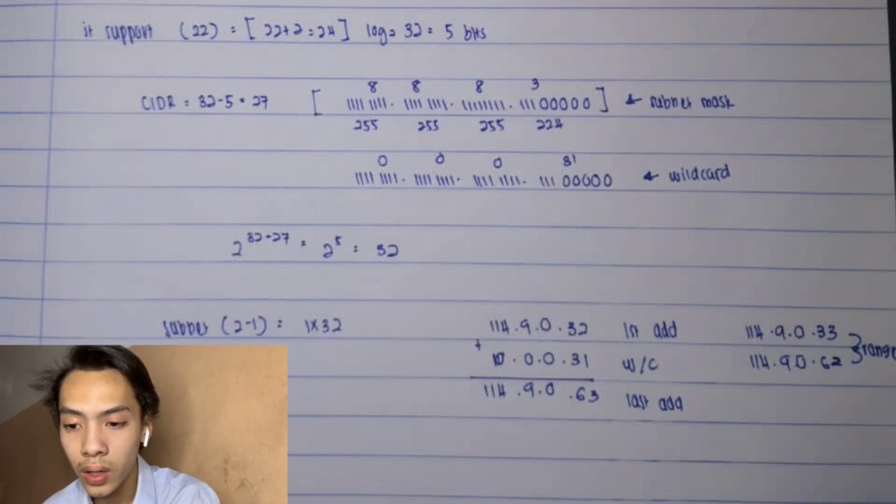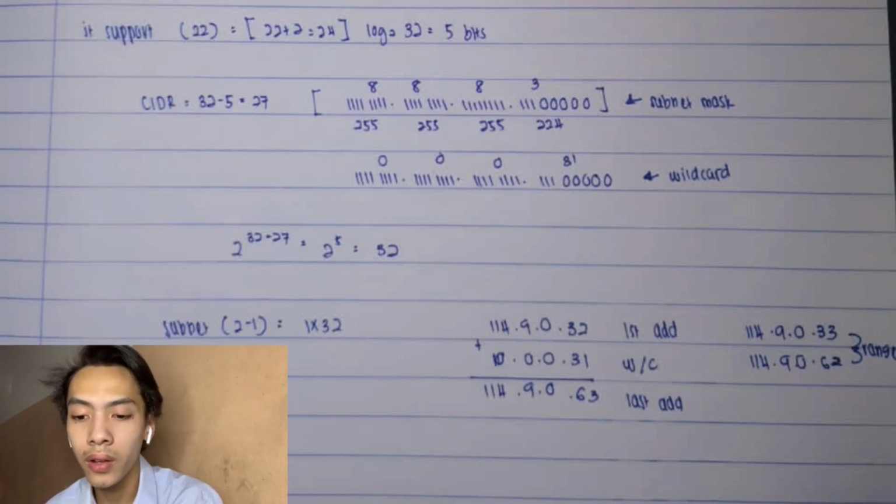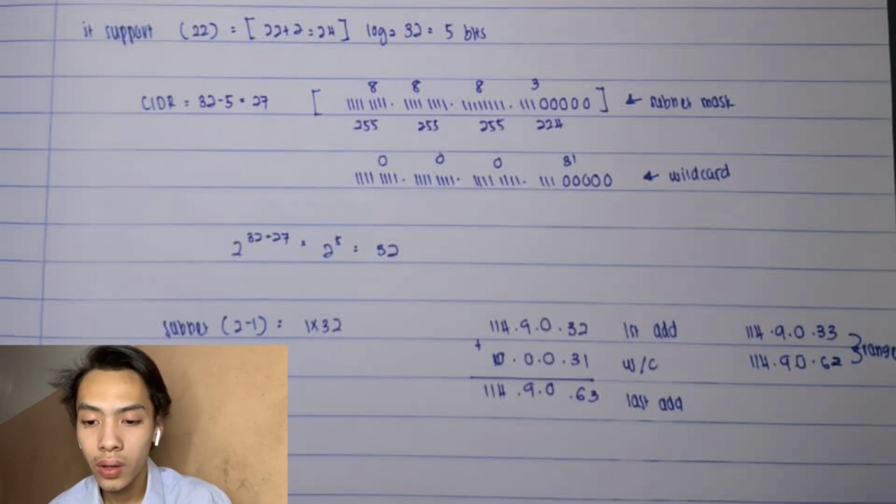Then for the subnet mask, we borrow 3. Then the wildcard is 31, as 255 minus 224. Then for the subnet, we calculate 2 power of 32 minus 27, and we get 32.